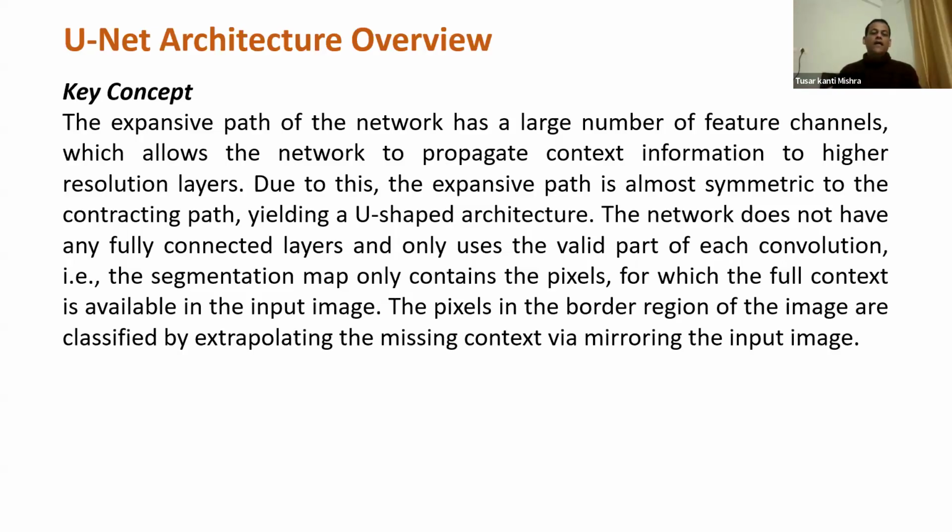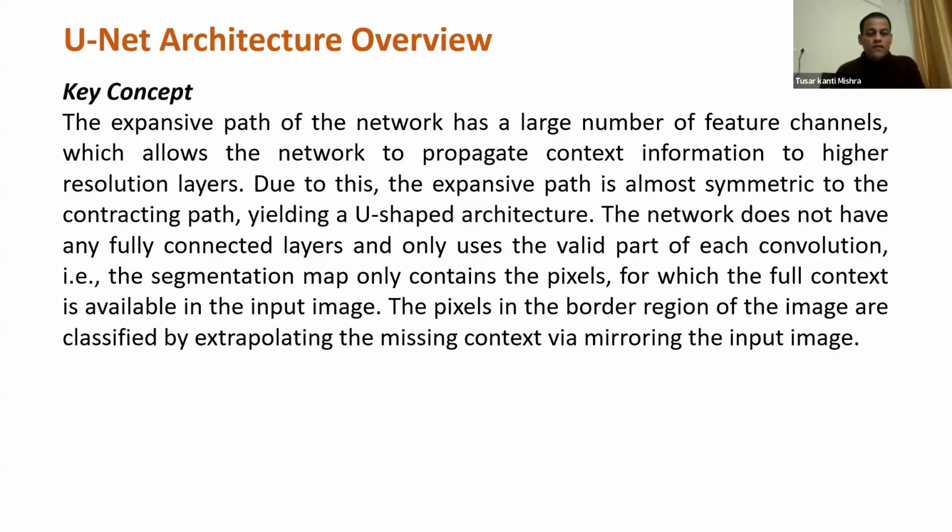The network doesn't have any fully connected layers. If we remember CNN, in CNN we do have fully connected layers, most often, unless it is customized. The network only uses the valid part of each convolution, so the segmentation map only contains pixels for which the full context is available in the input image.